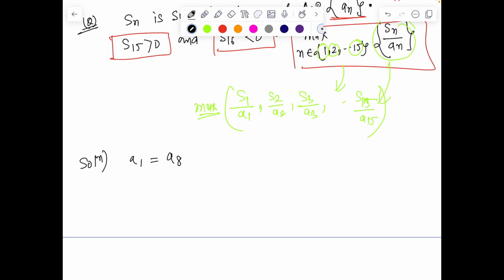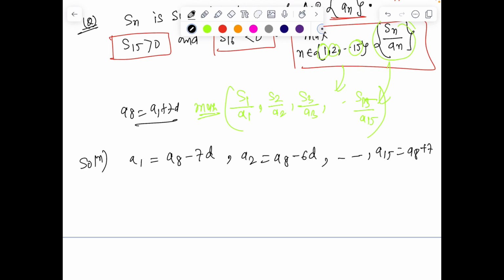A1 can be written as A8 minus 7D, because A8 is A1 plus 7D, right? What about A2? It can be written as A8 minus 6D, and so on and so forth. A15 can be written as A8 plus 7D, because the gap will be the same, right?